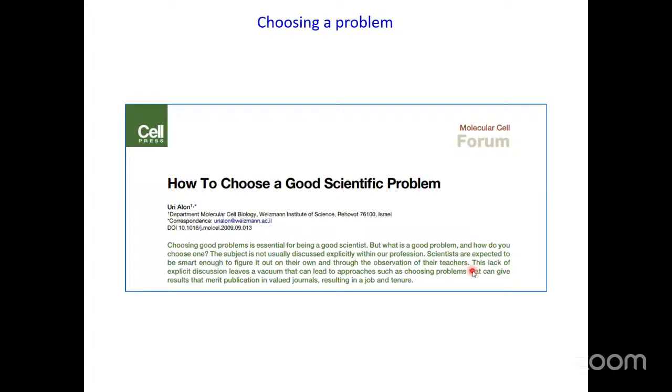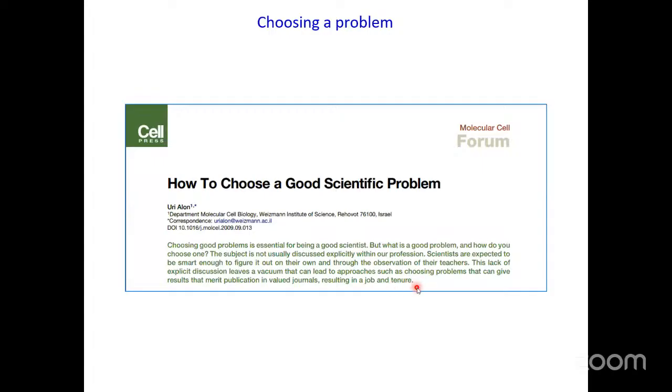Very important thing. This lack of explicit discussion leaves a vacuum that can lead to approaches such as choosing problems that can give results that merit publication in valued journals, resulting in a job and tenure.